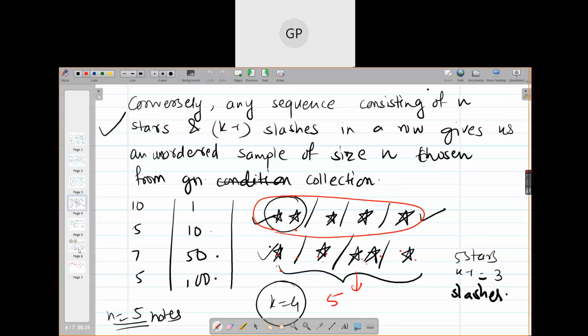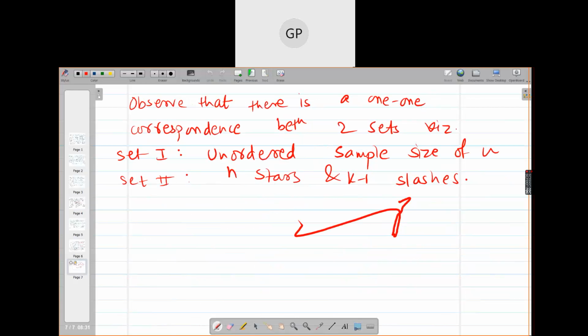And therefore there is a 1-1 correspondence between two sets. What is the first set? Unordered samples of size n. And the second? Sequences of n stars and k minus 1 slashes. Got it now? I hope you have understood this now.